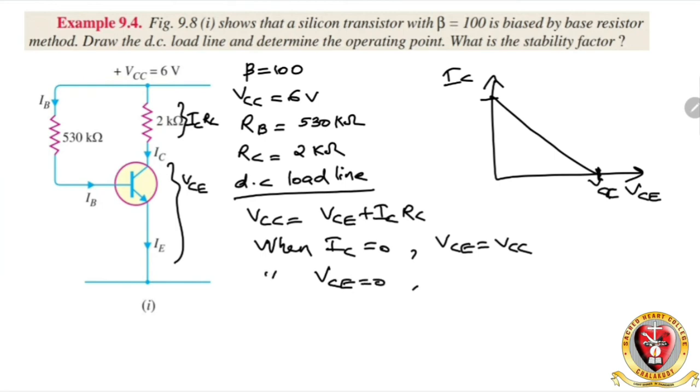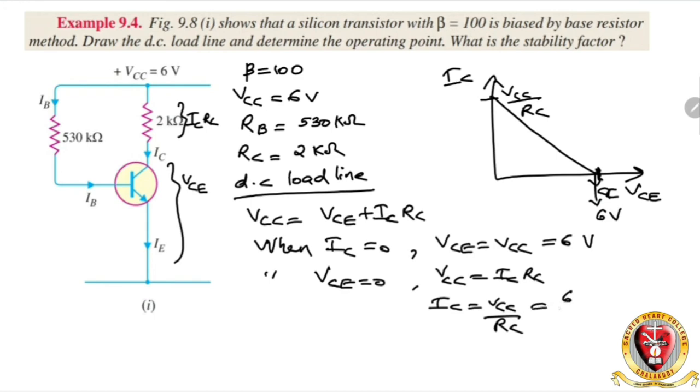When VCE is equal to 0, then VCC is equal to ICRC, or IC is equal to VCC by RC. So this point is VCC by RC. Here VCE is equal to VCC is equal to 6 volt.